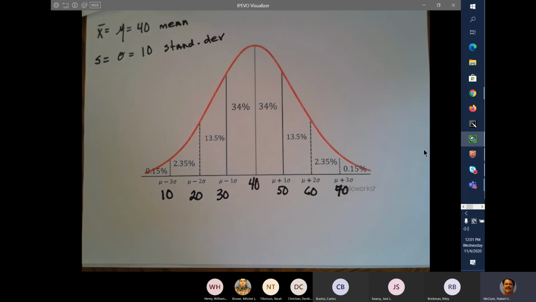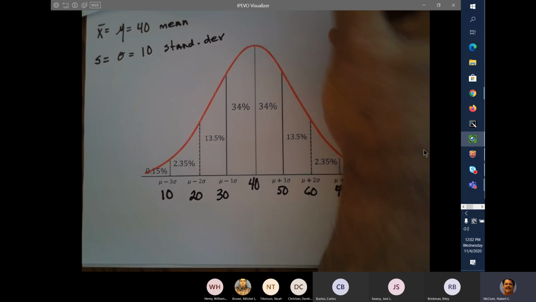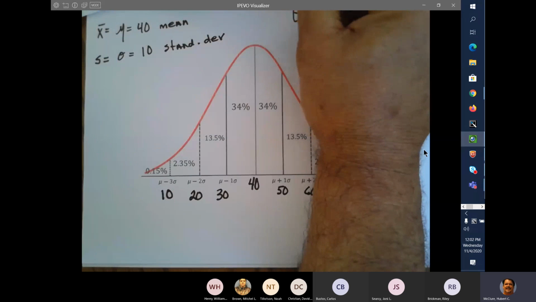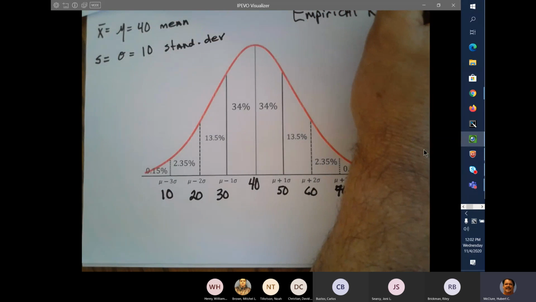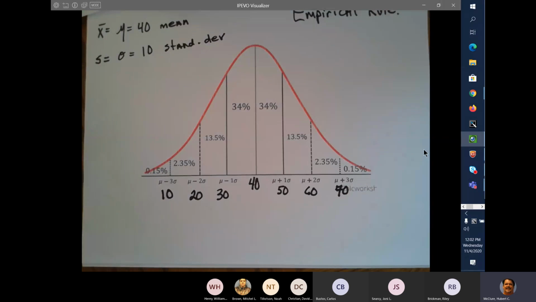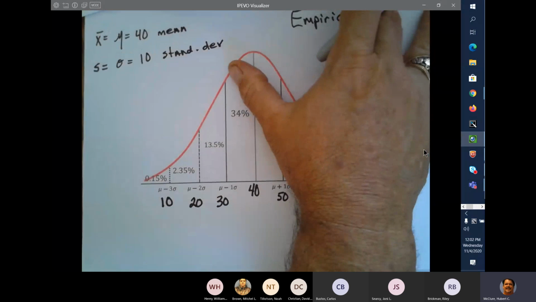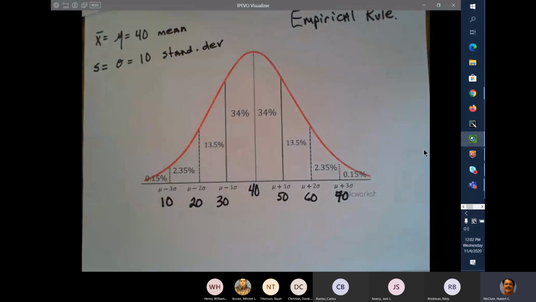Now I'm going to show you this one thing right quick, and this is called the empirical rule. The empirical rule basically is a way that you can estimate the percentages of your data without having to do too much math. And that's what these percentages are.